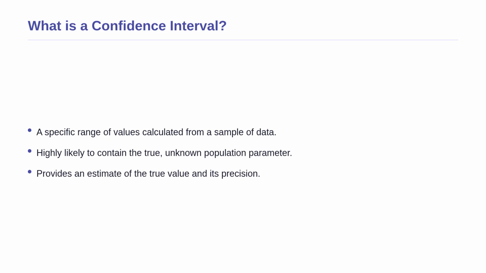Remember, the true population mean is a fixed number out there in the real world. It is not a moving target. It is our calculated interval that changes with every new sample we take. Therefore, a confidence interval gives us two crucial pieces of information at once. It provides our best estimate of the true value, and it gives us a measure of how precise that estimate actually is.